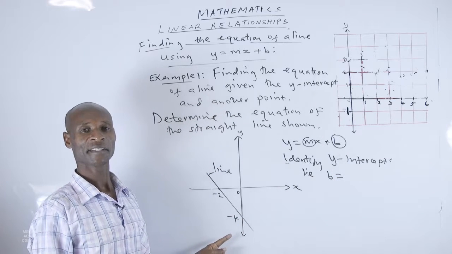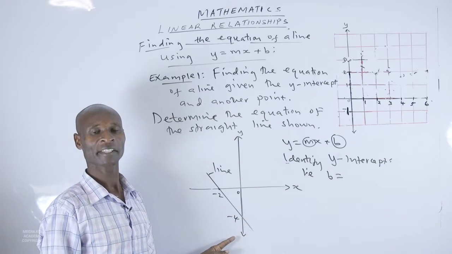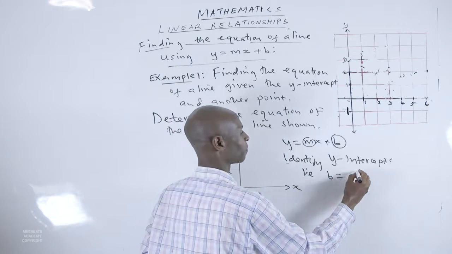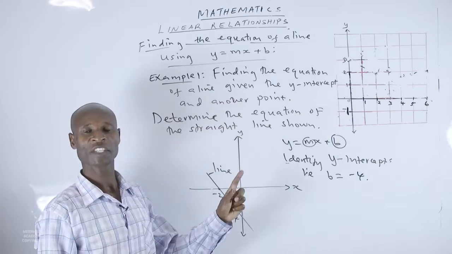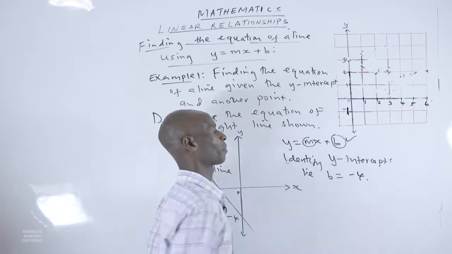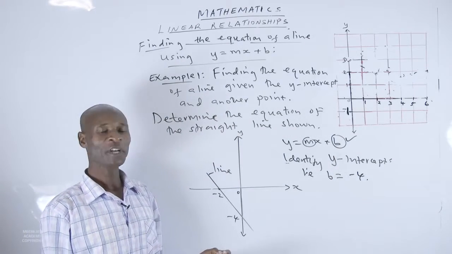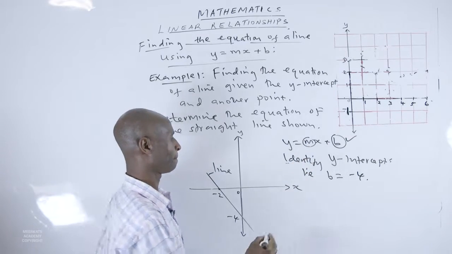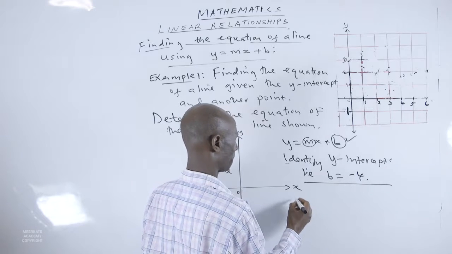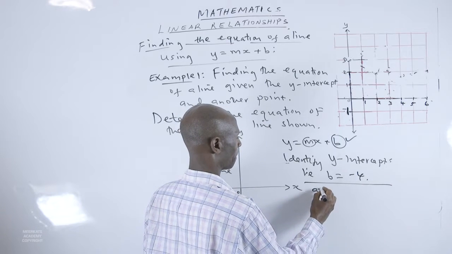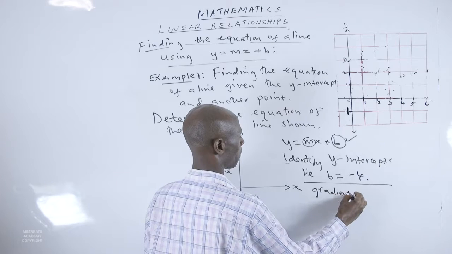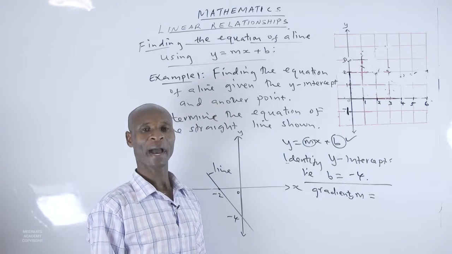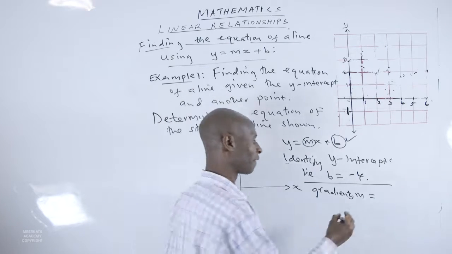So in our case, we shall represent y-intercept by b. So b is equal to -4. That means already we have b. We now need to go further and find the gradient m. Gradient m is given by rise over run.